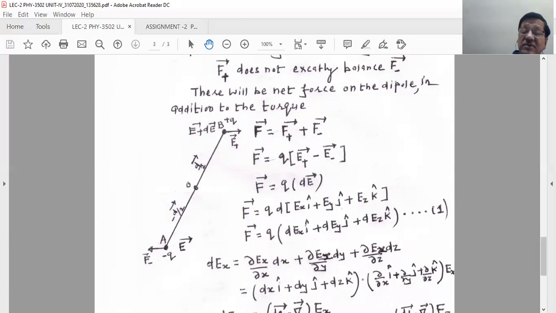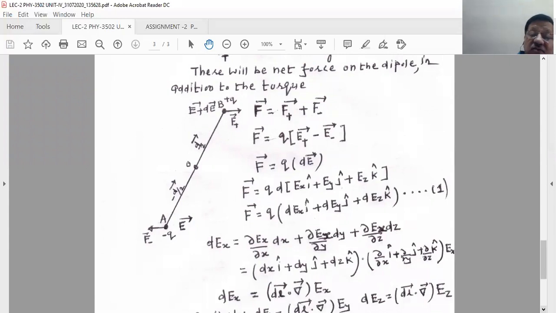And now you can use rules for partial total derivative. One can write down the change in X component dEx. dEx, change in X component of the electric field, is equal to the partial derivative of Ex with respect to x into dx, plus partial derivative of Ex with respect to y into dy, plus partial derivative of Ex with respect to z into dz.